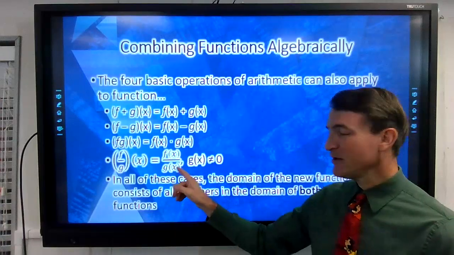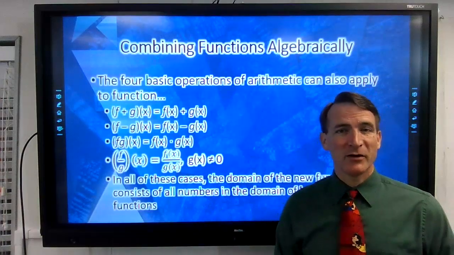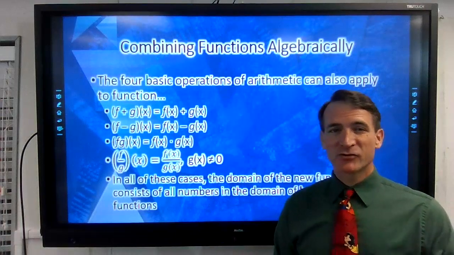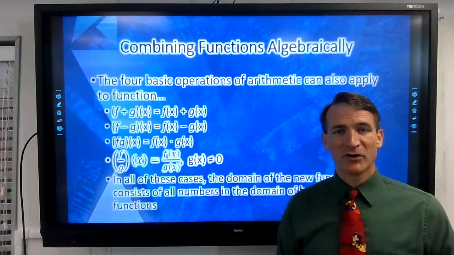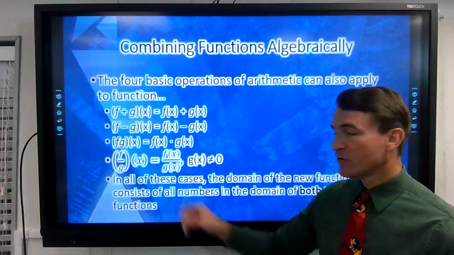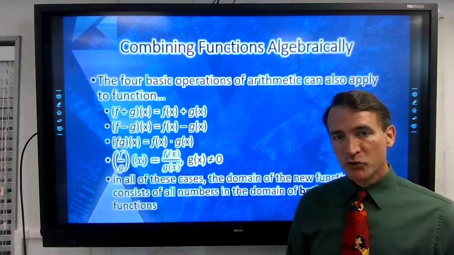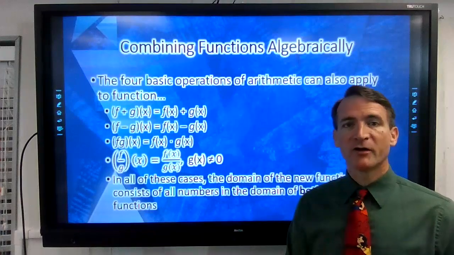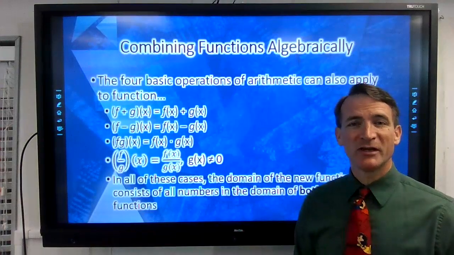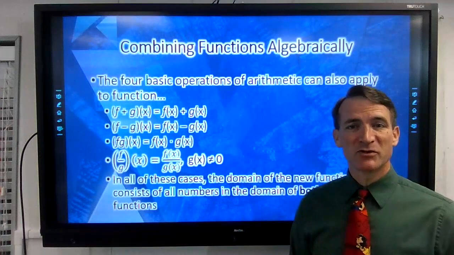Remember, I cannot have a 0 in the denominator. So I might have an extra limitation on that particular function, because if I get a 0 for my g(x) in that case, it would be undefined. So we do have to be a little bit more careful when we do the division to make sure we get the entire domain that is supposed to be there.